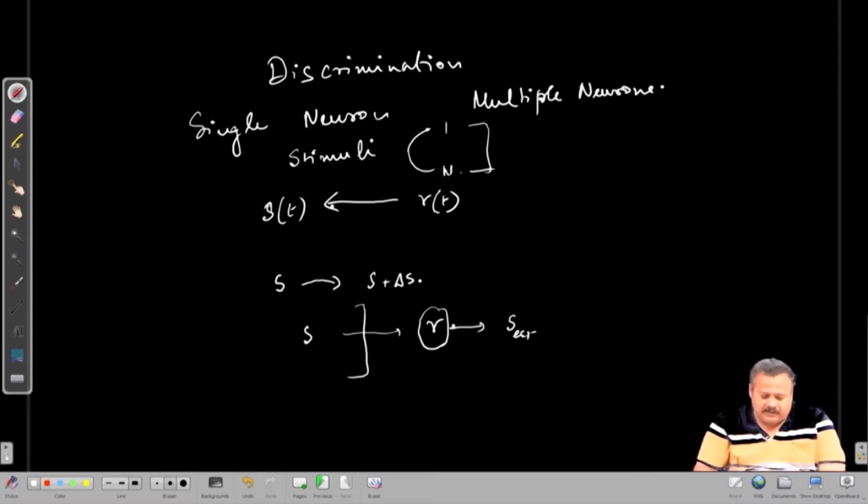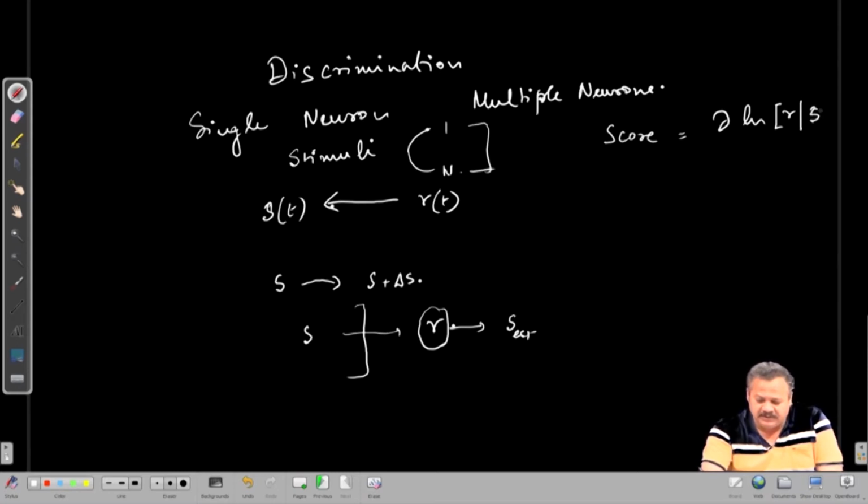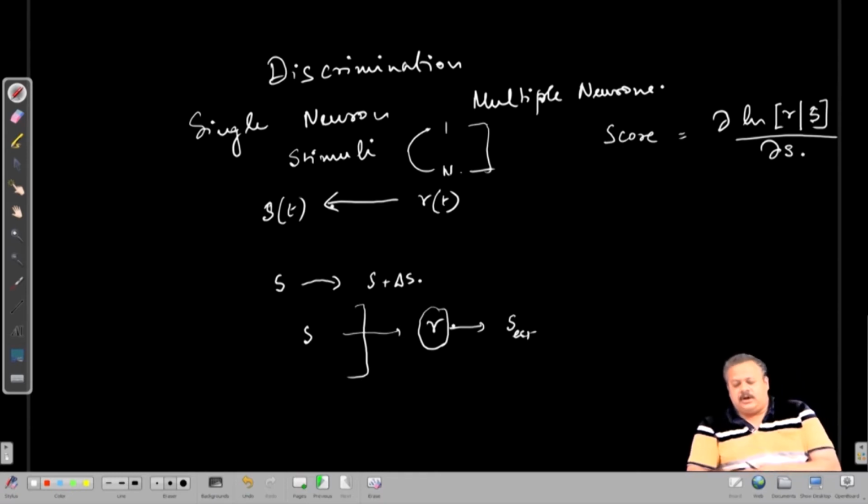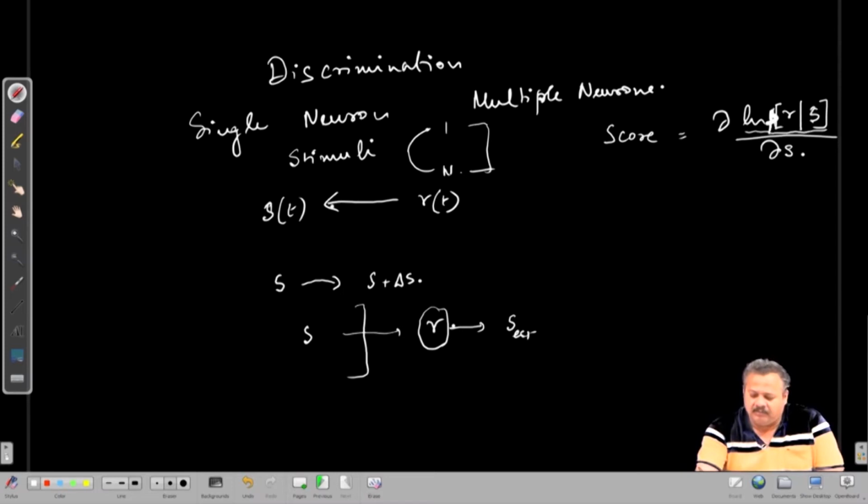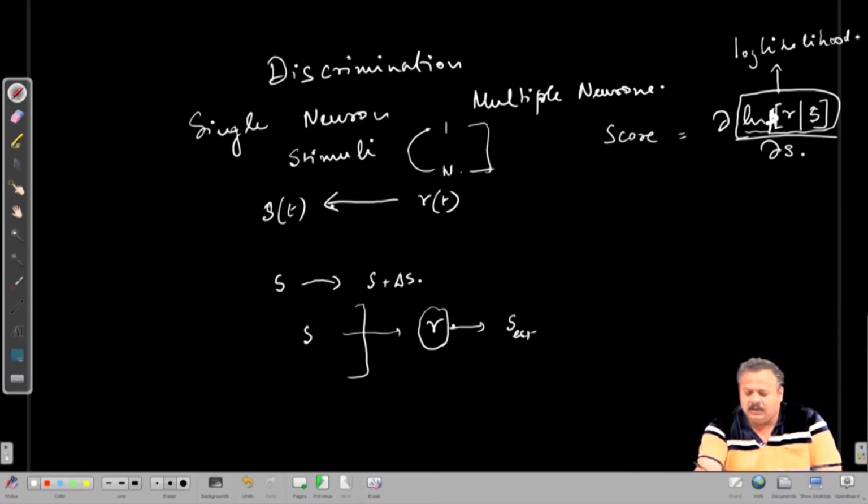So an important term here is what we call the score, which is nothing but the derivative of the log of the probability of the response given a stimulus S, with respect to S. So the partial derivative of log P(r|S) with respect to S. Essentially, this term is what we call the log likelihood, that is, what is the likelihood of the response being some r given a stimulus, logarithm of that, and how sensitive is that likelihood to changes in S or the stimulus.